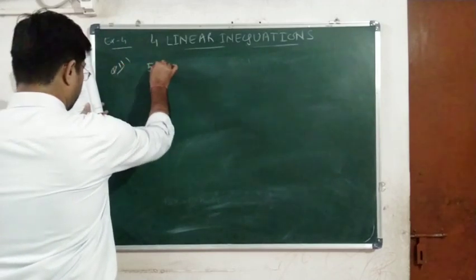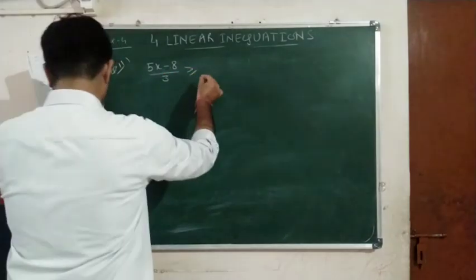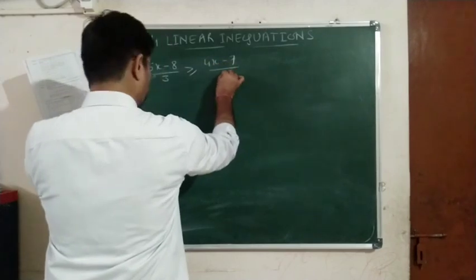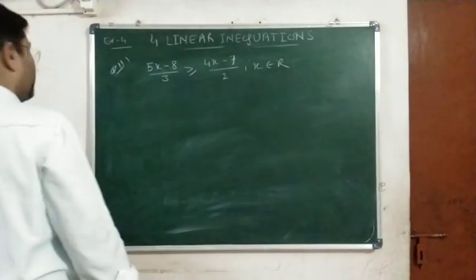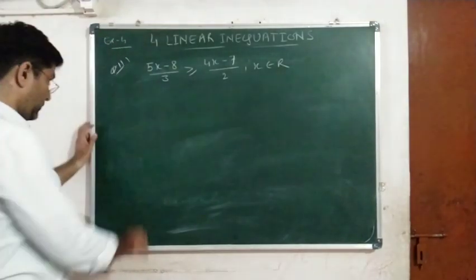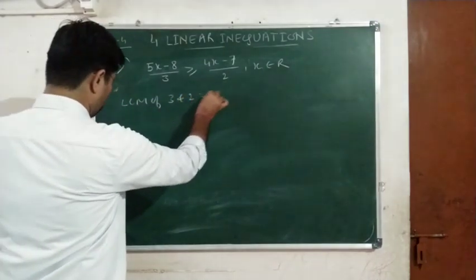We have (5x minus 8) upon 3 greater than or equal to (4x minus 7) upon 2, where x belongs to R, where R is the set of real numbers. Again, we'll find the LCM of the two denominators. LCM of 3 and 2 is 6.